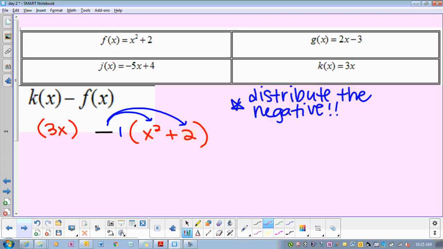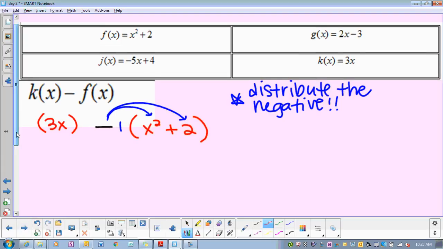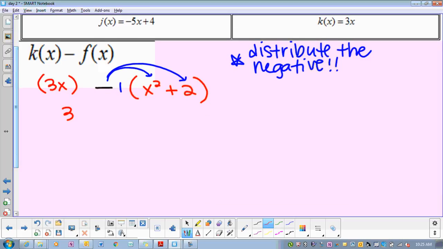All right. So the first one does not change. First one stays 3x. What's a negative 1 times x squared? Negative x squared. Thank you. Negative x squared. What's a negative 1 times a positive 2? Negative 2. Negative 2.